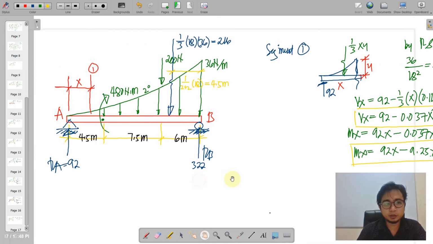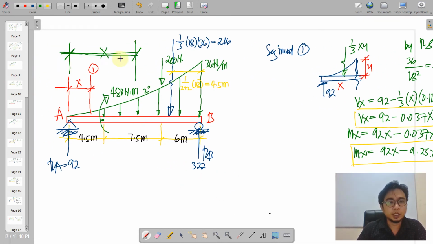For segment 2, x is extended along the boundary between 4.5 and the end of 7.5. Say that is segment 2. Perhaps we can just update our first equation, since it has a similar cut or slice. However, the variation includes this 480 newton meter.